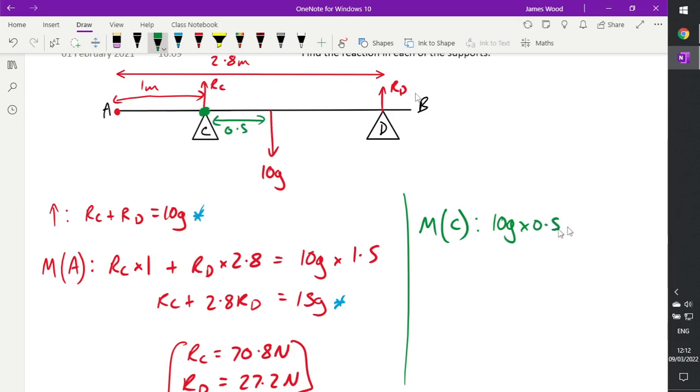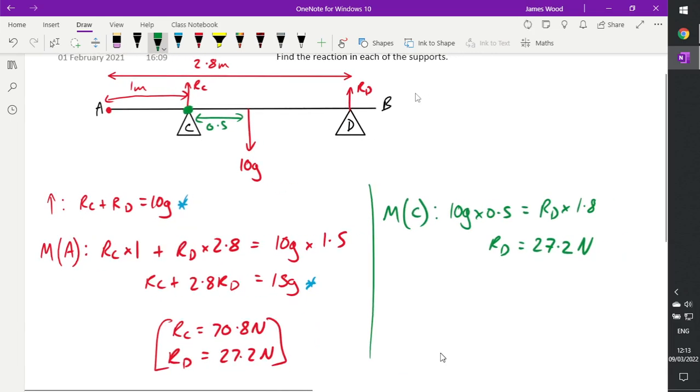That would be equal and opposite to RD times this distance here, which would be 1.8 meters. And if we solve that, then we get RD equals 27.2. And then we can stick that into this first equation and solve it again. Okay. But the point here is that you can take moments about any of these points, and you'll be able to solve it.